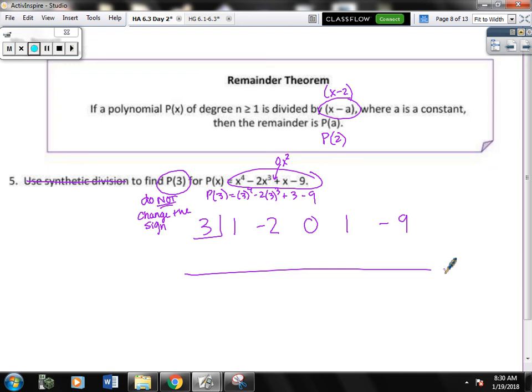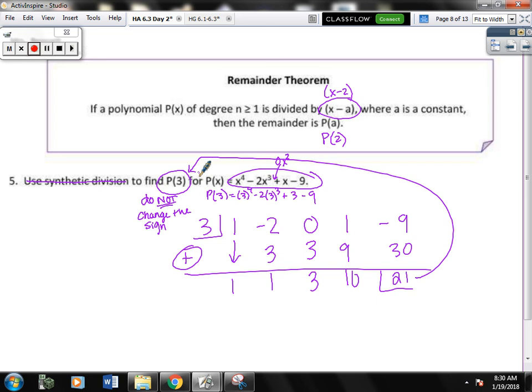That's why it's called the remainder theorem. Remember to add downward also. We should get 21. So the remainder tells you what the value of p of 3 is.